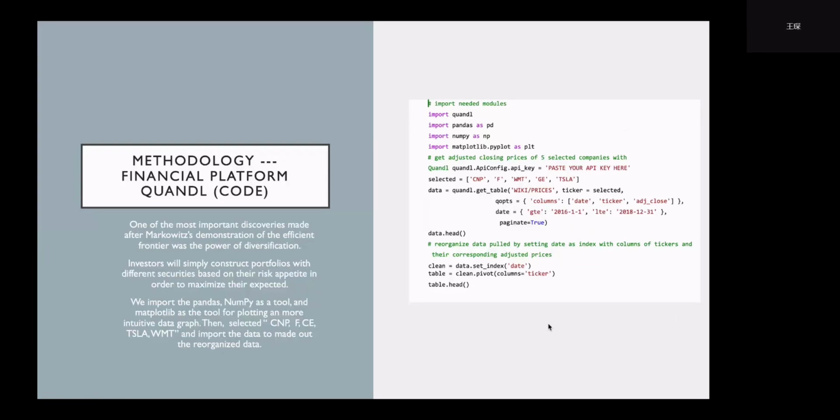Here, we choose to select the data from the first day in 2016 to the last day in 2018, because this gives us more rows of data to analyze. And here we randomly pick 5 stocks to form a portfolio. You can see the tickers in the selected list.